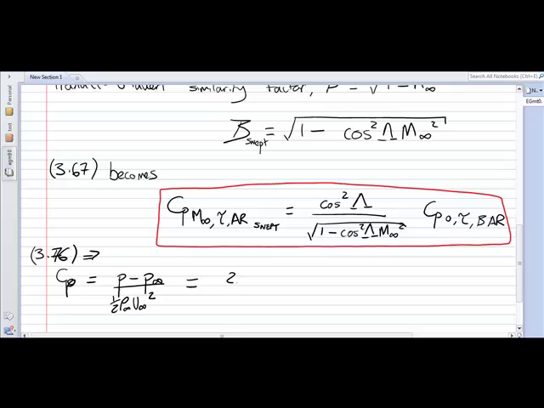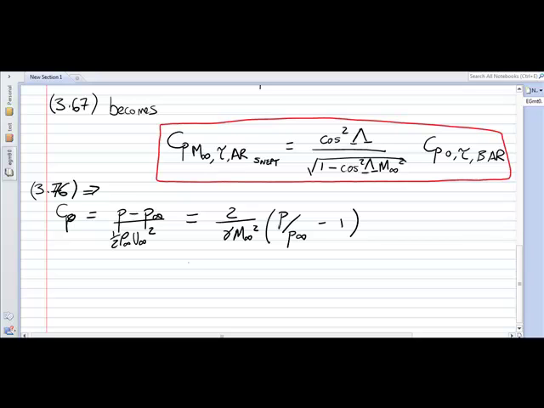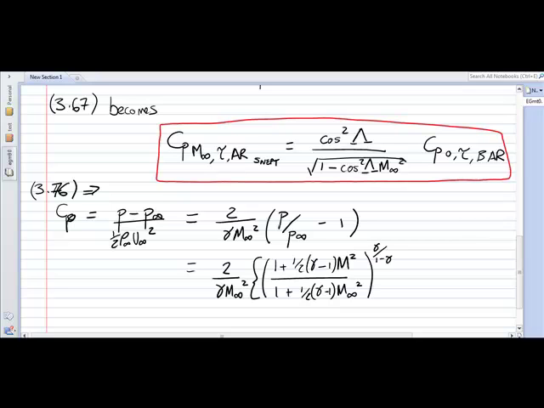And we showed that this is equal to 2 over gamma M infinity squared, P over P infinity minus 1, and then substituting in the isentropic relationships, we turn that into 2 over gamma M infinity squared, times 1 plus half gamma minus 1 M squared over 1 plus half gamma minus 1 M infinity squared, all raised to the gamma over gamma minus 1, minus 1.